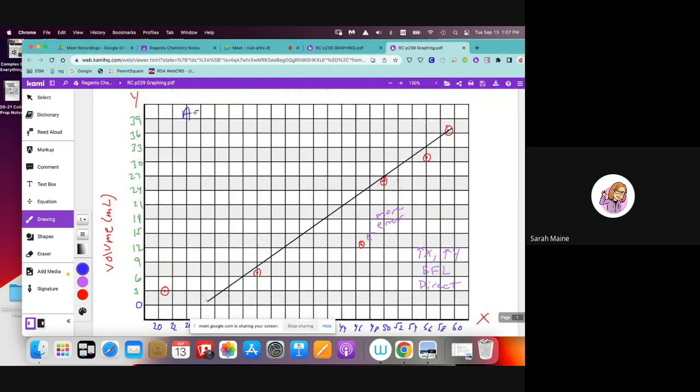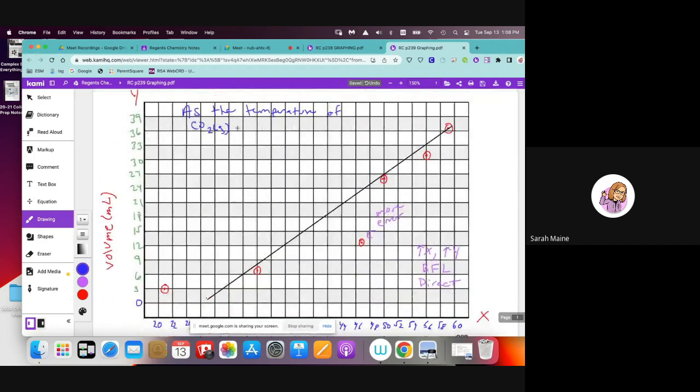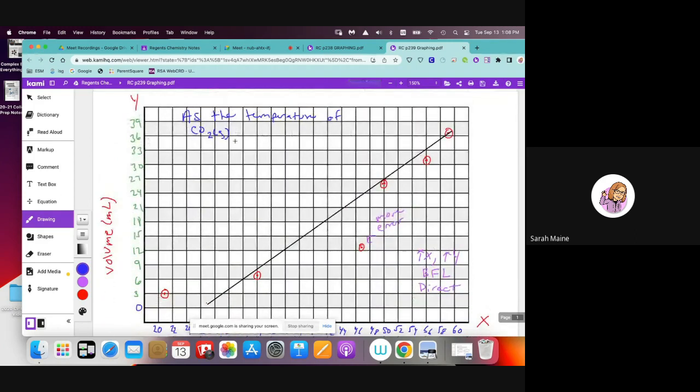So as the temperature, and I'm going to identify what is the material of the CO2 gas, and I know it's CO2 gas because it tells me that at the very top of the paper. So as the temperature of the CO2 gas, we notice it is increasing. The CO2 gas increases. We always write the title based on the data plots, how it falls on the graph. So the CO2 temperature is increasing.